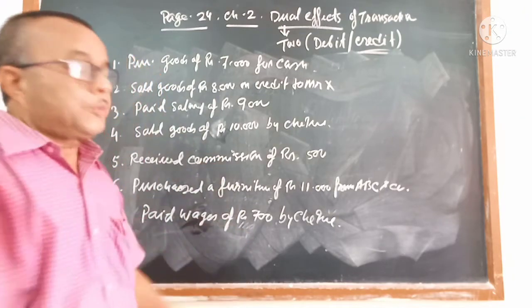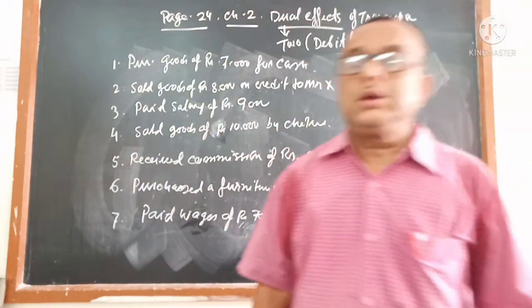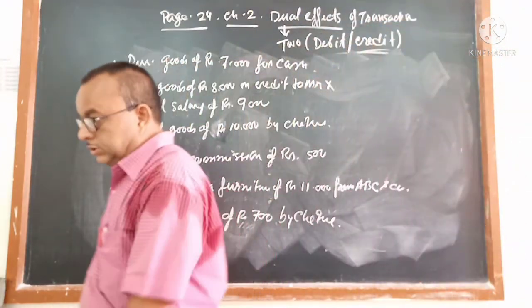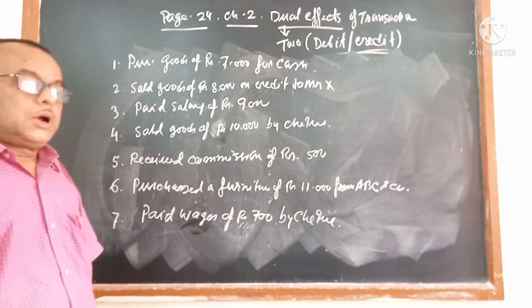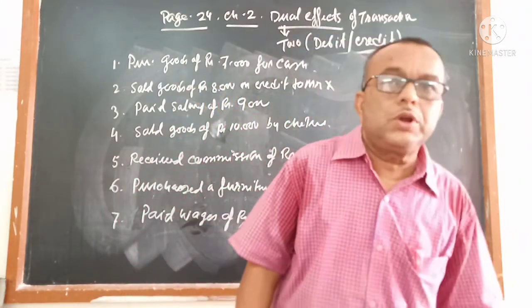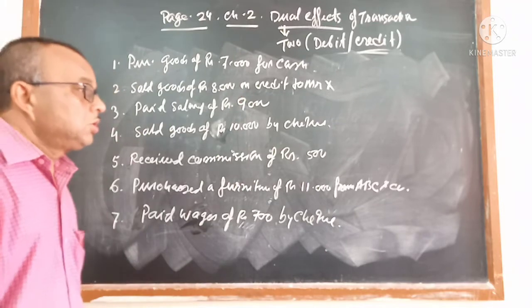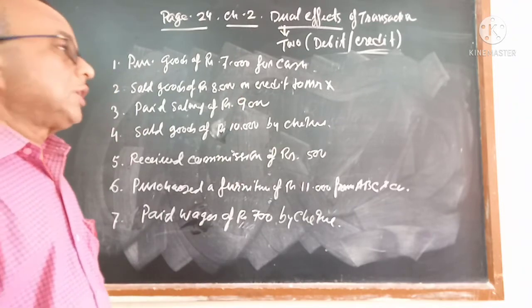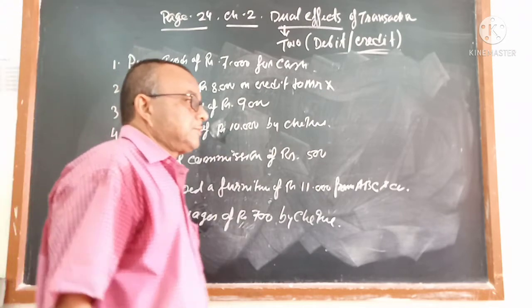These all 7 points, one by one, each one is a transaction. Not a single one is an event. And we are going to find out the dual effect. But before going to find out the dual effect, first of all we have to find out whether it is a transaction or it is not a transaction. That we already told. And then we will find out the first step.